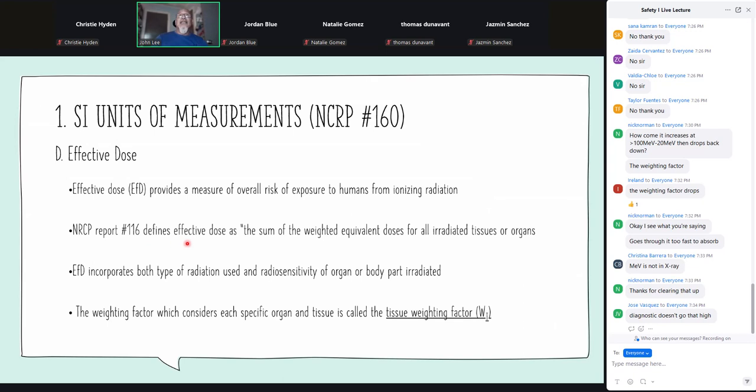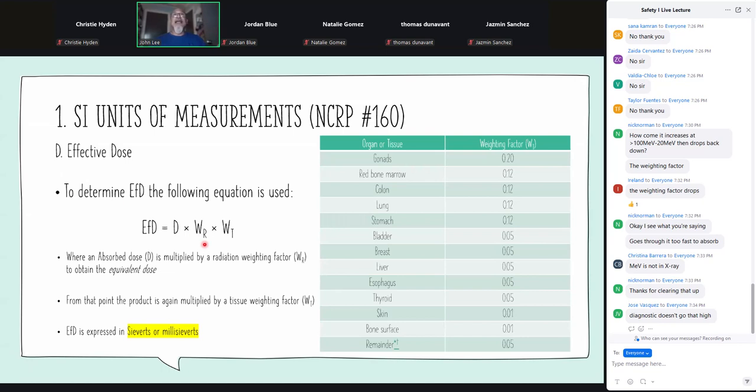The effective dose is defined as the sum of the weighted equivalent doses for all irradiated tissues or organs. So that's the defining difference between effective dose and equivalent dose. Equivalent dose just makes the radiations equal by multiplying the absorbed dose by the weighting factor. The effective dose takes those two things and multiplies them times the tissue weighting factor.